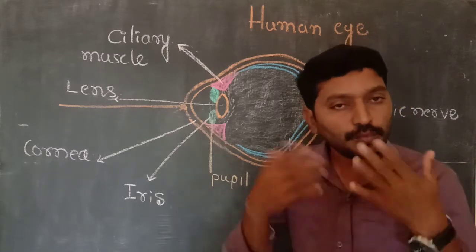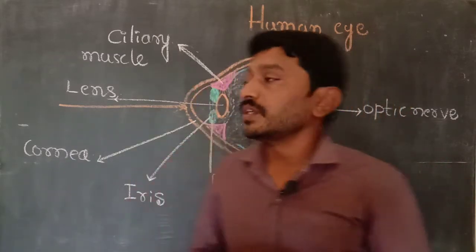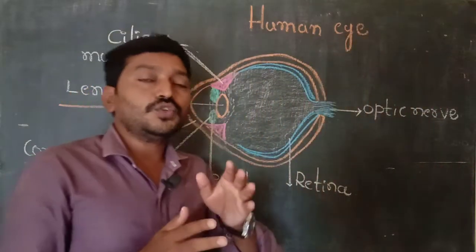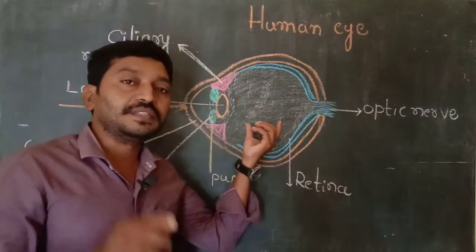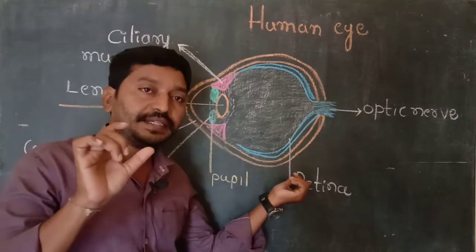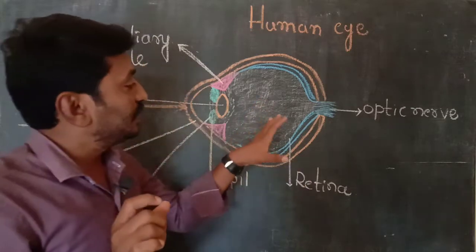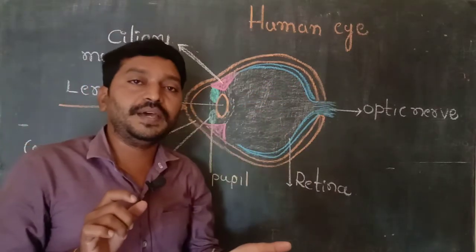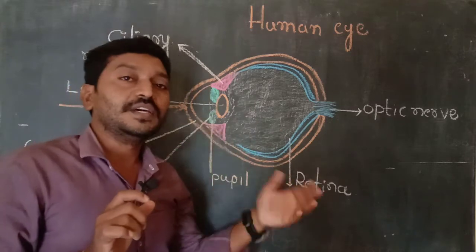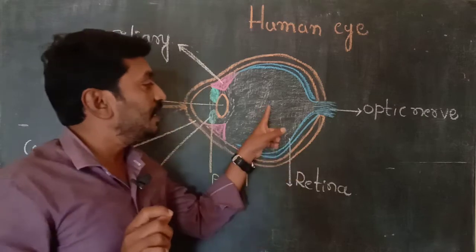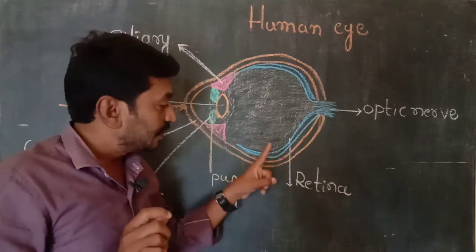The cones respond to bright light, and the rods respond to dim light, right? The sensitive cells sense the image and send the message to the brain through the optic nerves. This is the main important process in the retina of the eye.